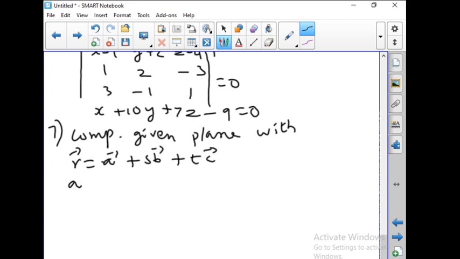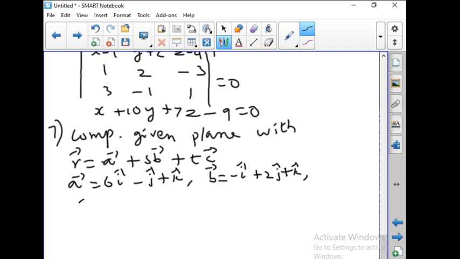What is a vector? 6i cap minus j cap plus k cap, and b vector is equal to minus i cap plus 2j cap plus k cap, and c vector is equal to minus 5i cap minus 4j cap minus 5k cap.